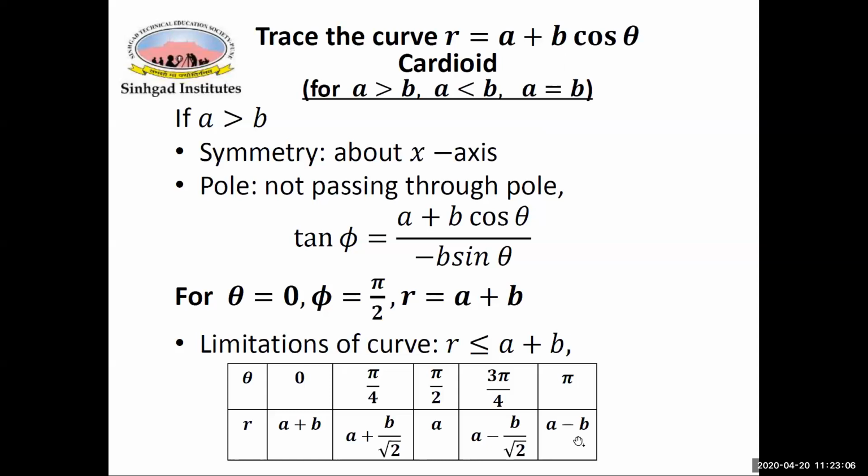And for pi, cos pi is minus 1, so it is A minus B. Now here the case is A greater than B, so this will be positive, positive, positive, this will also be positive and this will also be positive. So the curve will exist everywhere between 0 to pi. Now we'll see how to draw that curve.